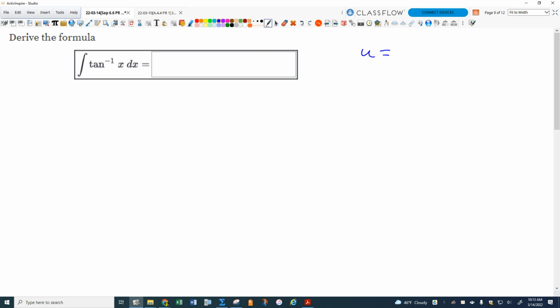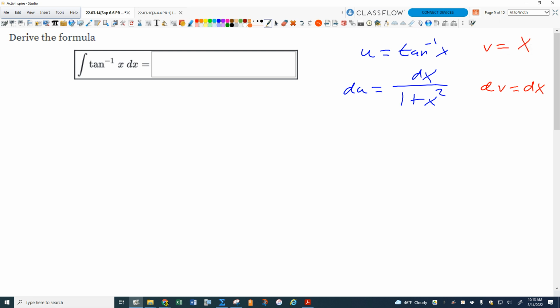Inverse tangent, yeah. So then du is what? Just dx over 1 plus x squared, right? And dv would just be dx, and so v equals x.